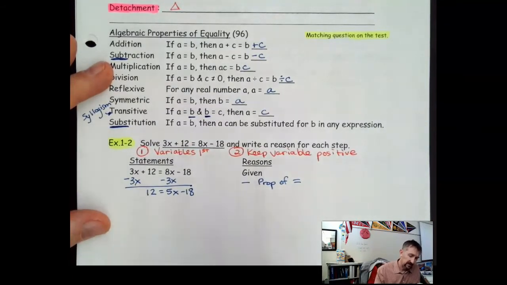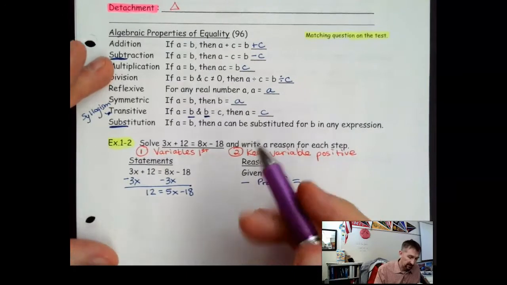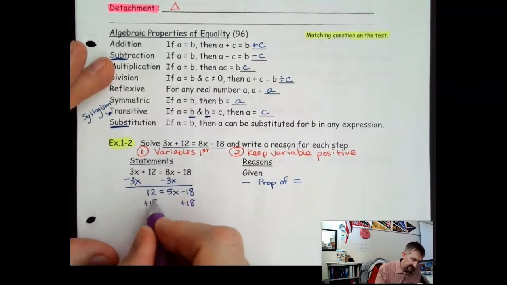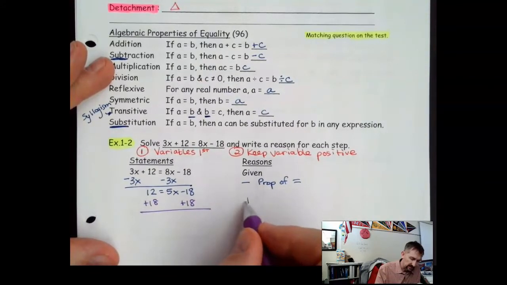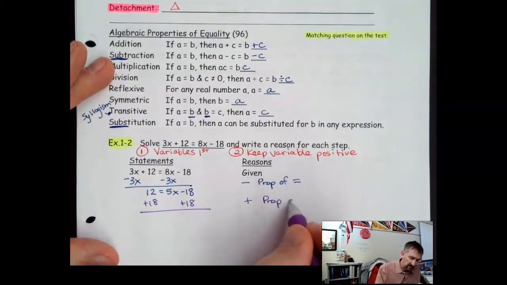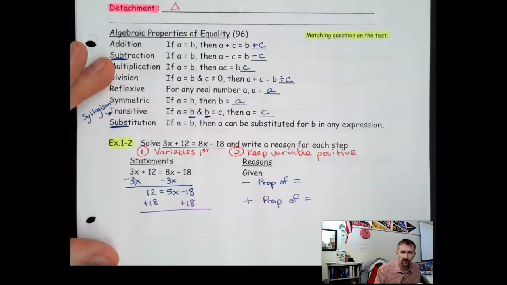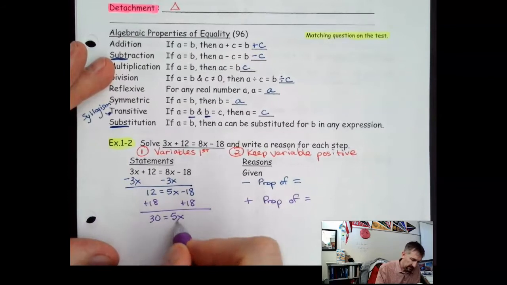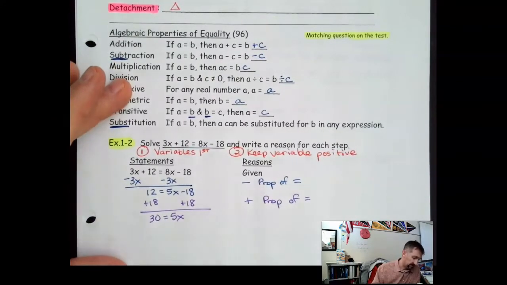So the variable is positive, and we did the variable first. Now we have to deal with this number, so we're going to add 18 to both sides. So we just use the addition property of equality, and that's going to be 30. And there you go.